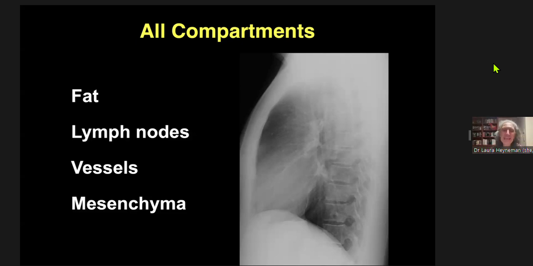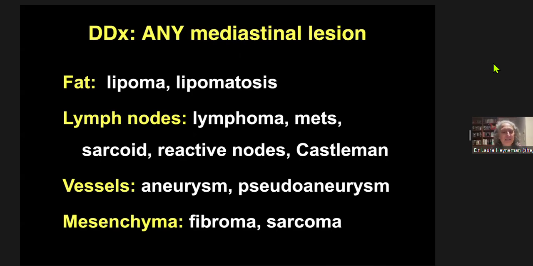And then I always remember that in any mediastinal compartment, there's fat, there are lymph nodes, there are vessels, and there are some mesenchyma, so that you can get lesions involving fat, mostly too much fat, lipomatosis. Lymph nodes, either reactive, metastatic disease, lymphoma.